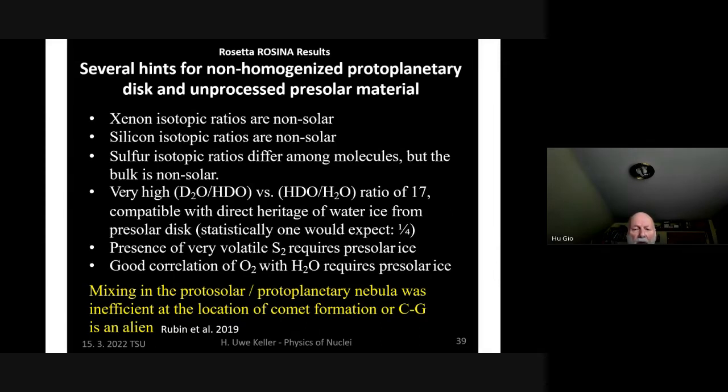We talked about the D/H ratio, and it is compatible with direct heritage of water ice from the pre-solar disk. The presence of very volatile S2, which has a very short lifetime, requires pre-solar ice. There's a good correlation between O2 and H2O observed, which again requires pre-solar ice. So the conclusion is that mixing in the solar protoplanetary nebula was inefficient at the location of comet formation.